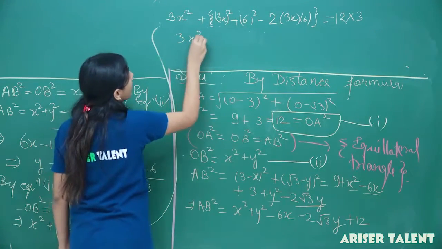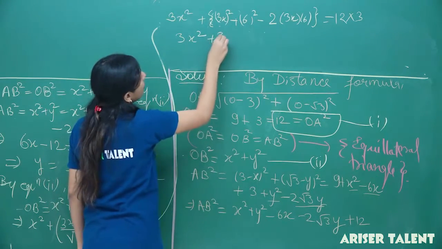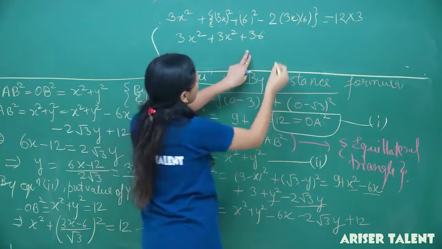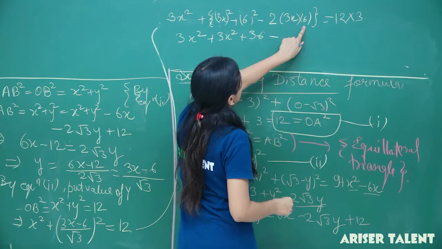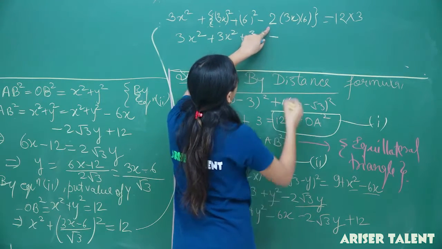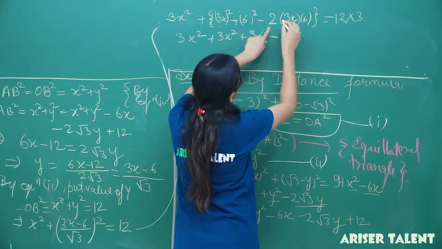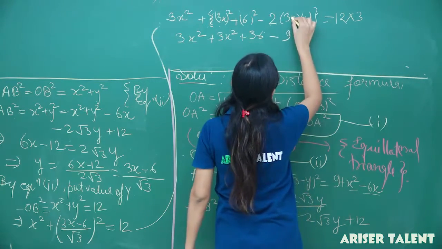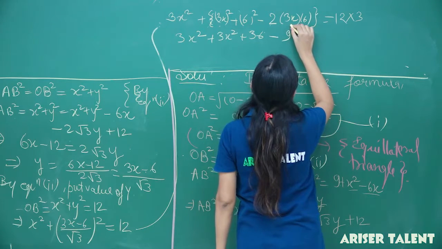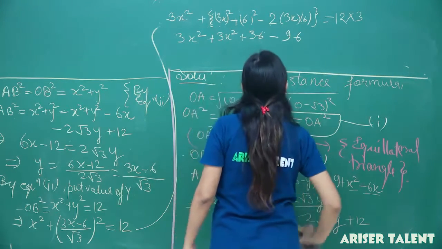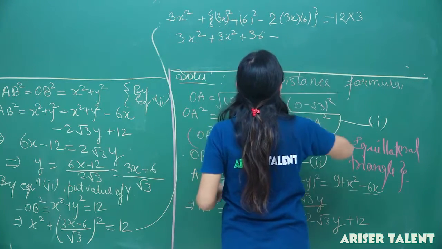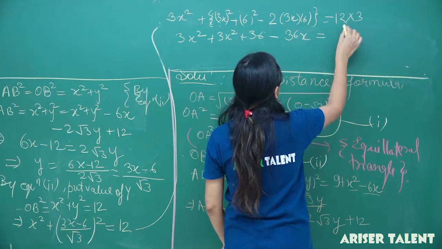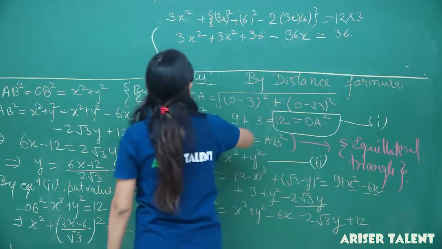So 3x square plus 3x square plus 36 minus this is 18, 6 6s are 36, so that will be 36x equals 36 here also.